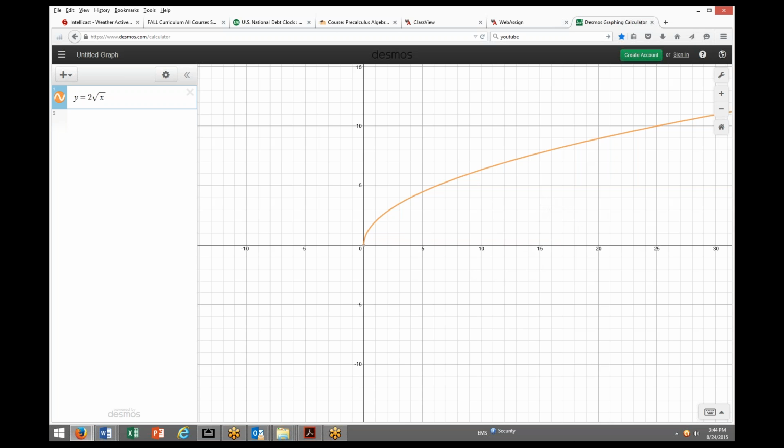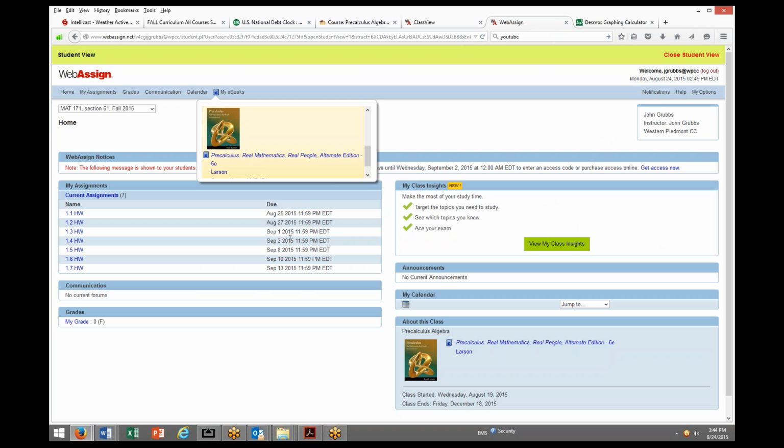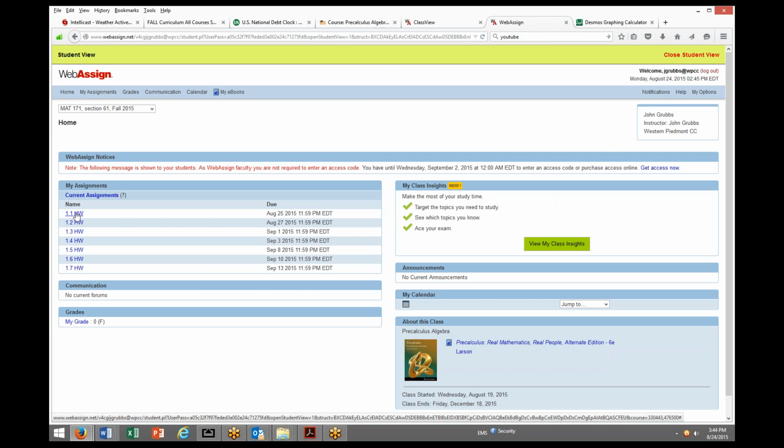I also want to show you how to use WebAssign to do a simple graph. So now I'm going to switch back to WebAssign, and I'm going to open up your very first homework assignment right here together with you. It's the section 1.1 homework that's due tomorrow evening, Tuesday evening.